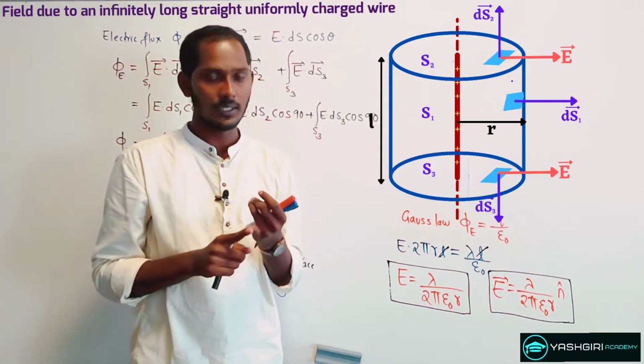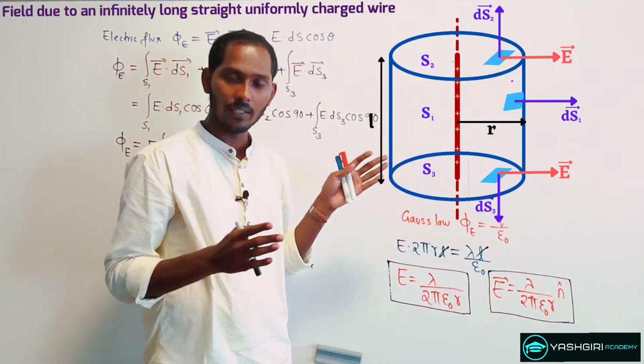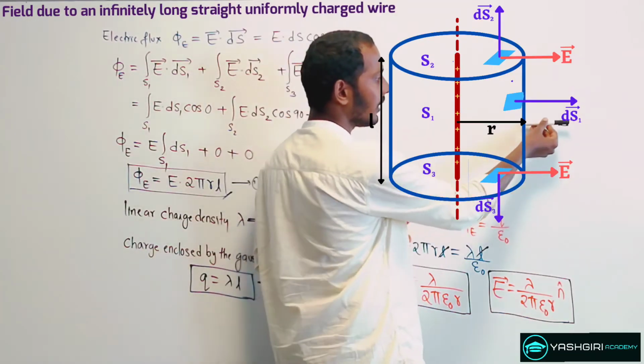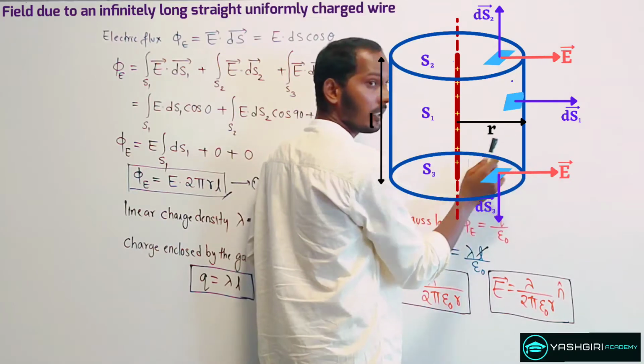The second point here is that we have considered the length of this wire to be infinite, which allows us to consider the direction of the electric field to be exactly normal to this curved cylindrical surface.